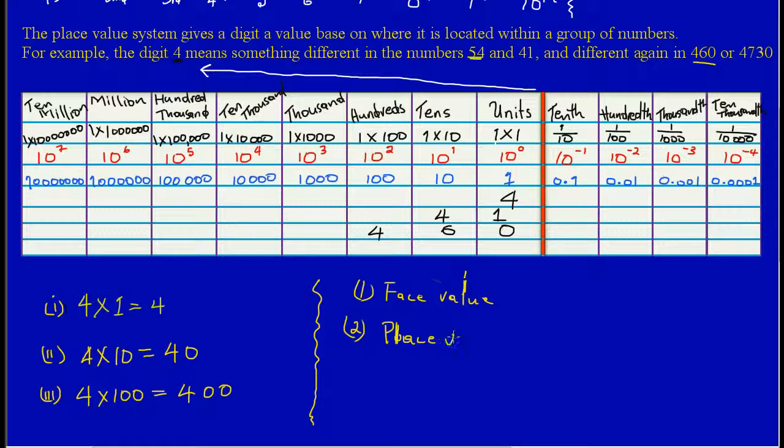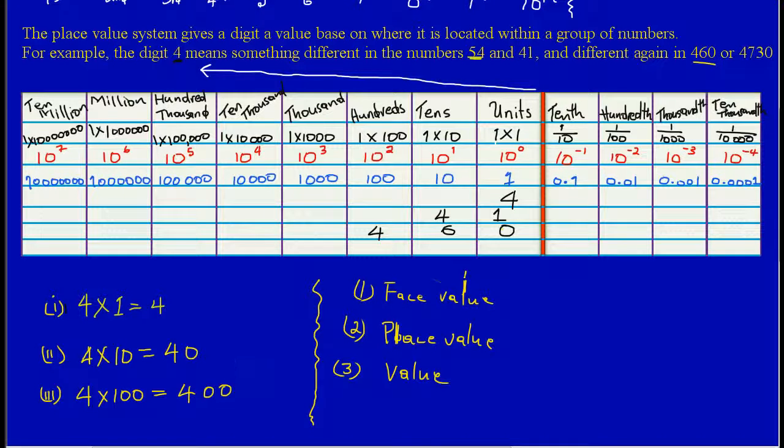And number 3, the third value of a digit is simply its value. So a digit has three values: a face value, a place value, and a value.